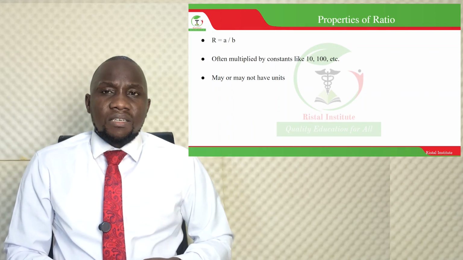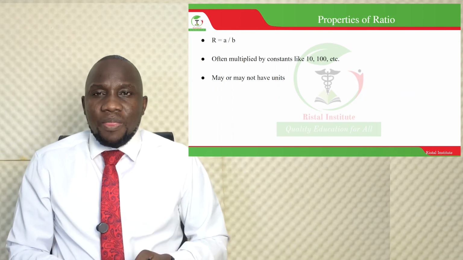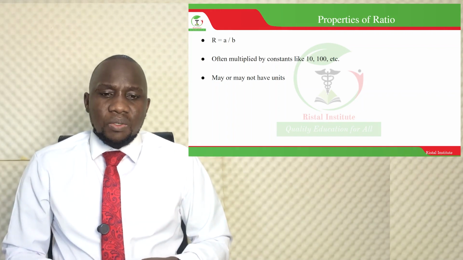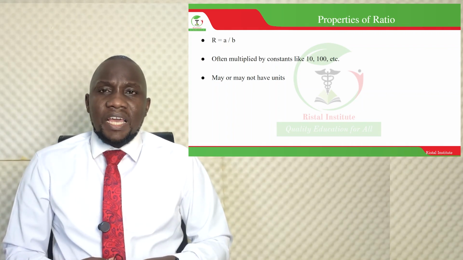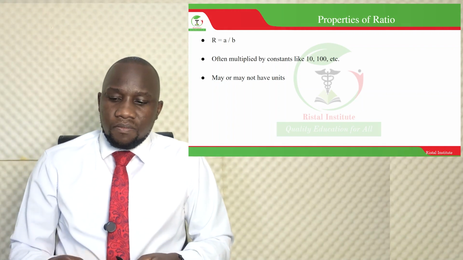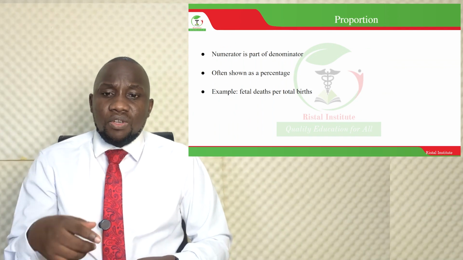And if you're talking about large quantities, usually you can multiply the ratio in tens, in thousands, in 100,000, and things like that. It may or may not have units. It's very vital depending on what you have divided.